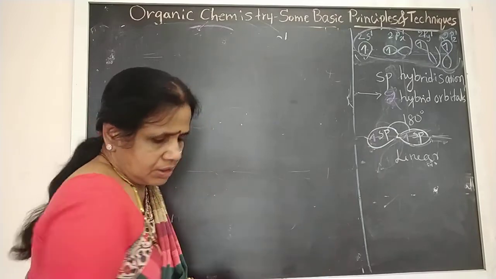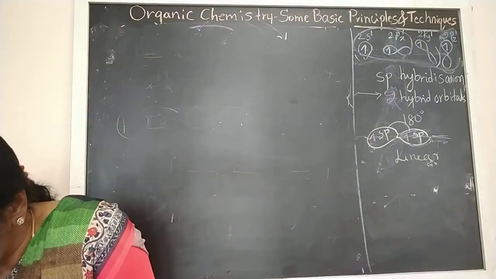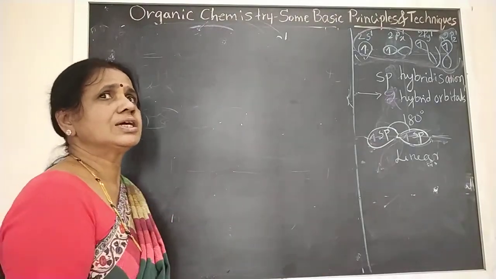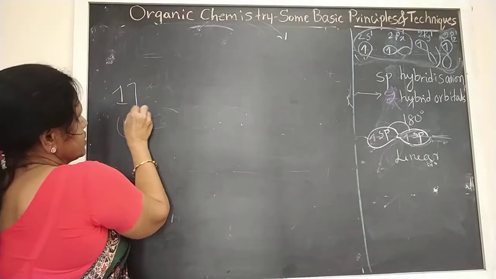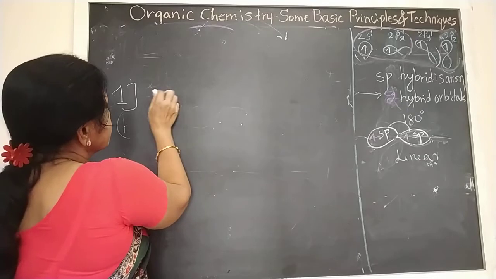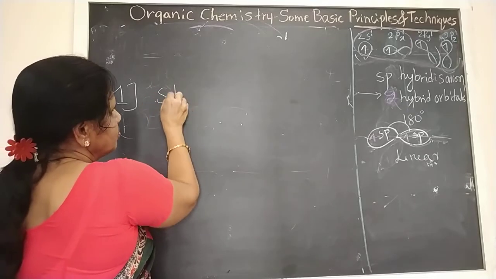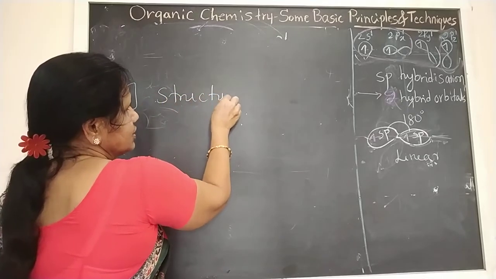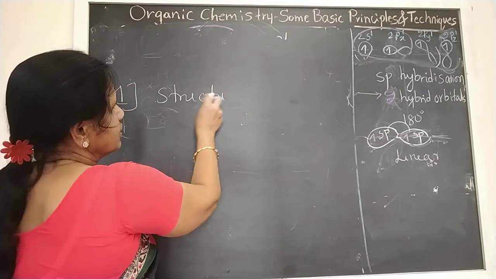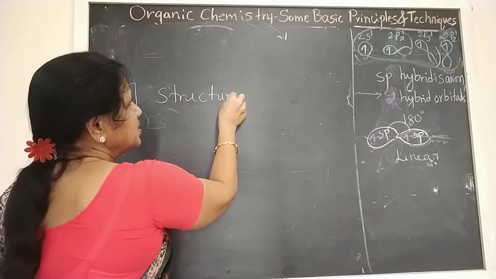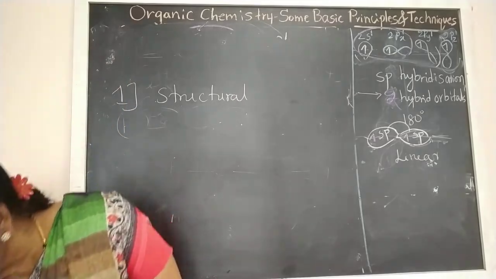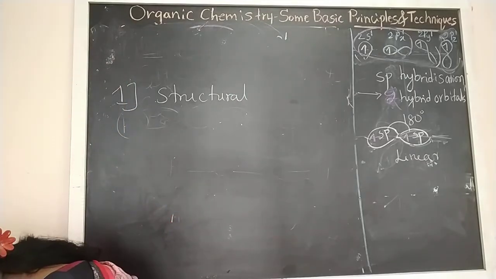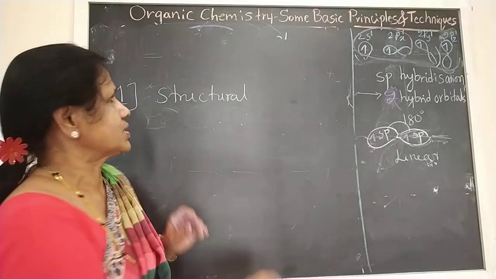Now coming to the types of structures, actually there are three types of structures we can write. One is the general structure, the complete structural formula.